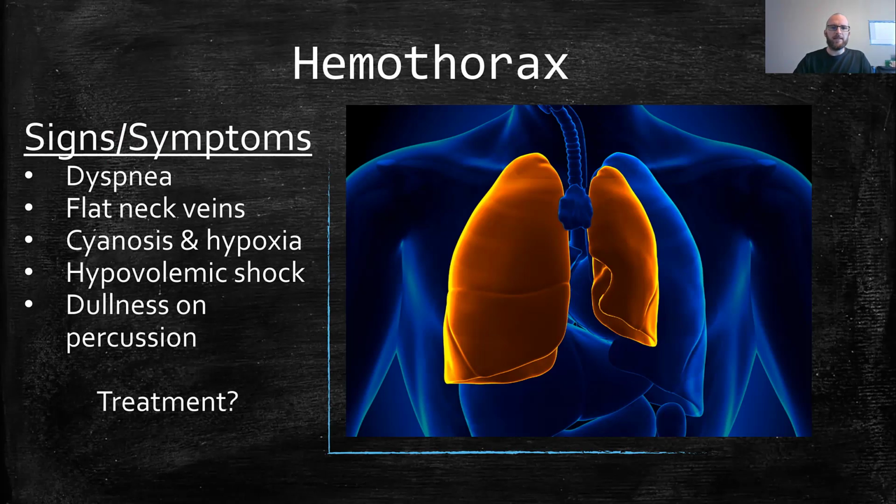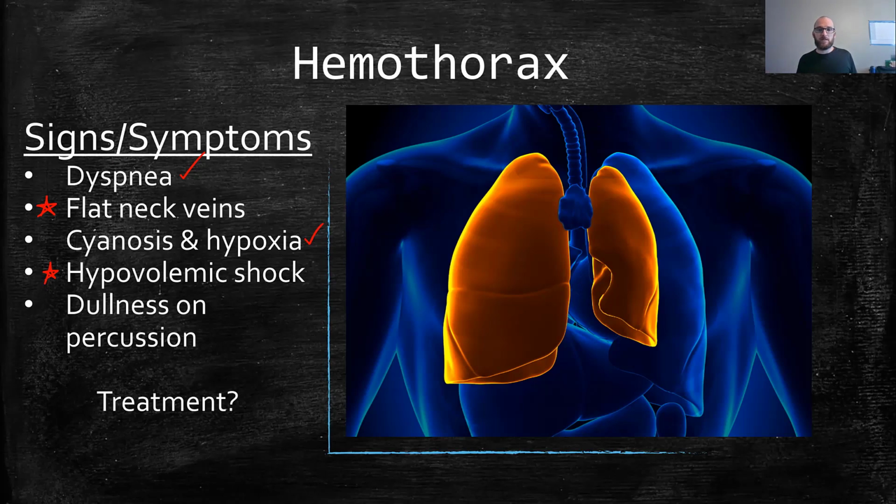Signs and symptoms, some similar ones as the pneumo: difficulty breathing, cyanosis, hypoxia, chest pain because of whatever caused the bleed in the first place. But some of the different ones is the neck veins. In tension pneumothorax, we said that added pressure caused back pressure, and we saw jugular vein distension.